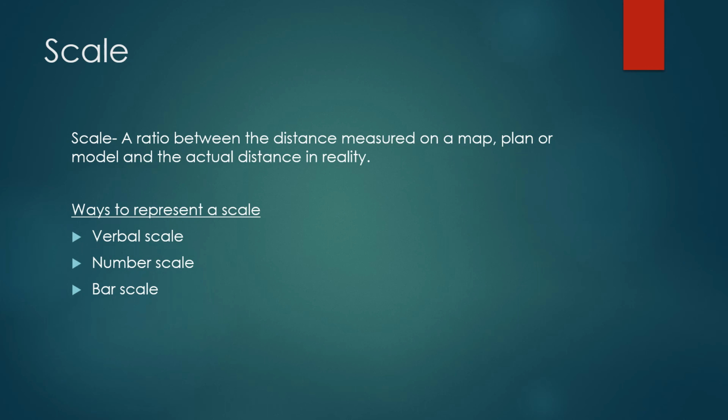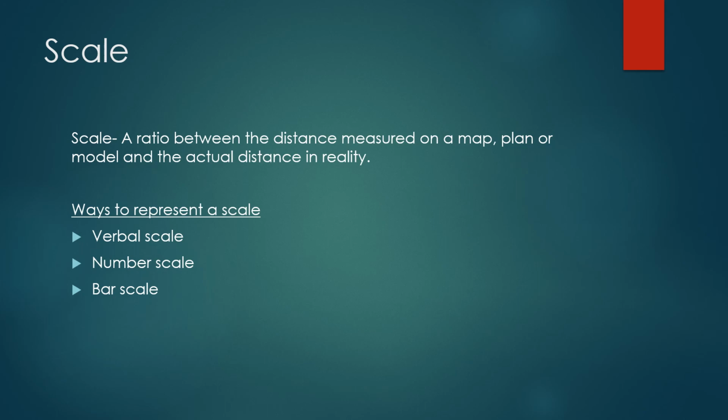Let us read the actual definition of a scale. It is a ratio between the distance measured on a map, on a plan, or on a model, and the actual distance in reality.